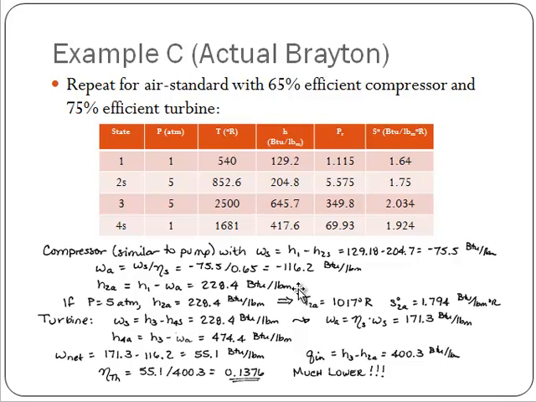Now it isn't necessary to know this, but it's kind of interesting to see, since it's an ideal gas, that 228.4 BTUs per pound mass corresponds to a temperature of about 1,000. So not only do I have different numbers for my enthalpies, but we have a very distinct difference in what's going to happen to my temperatures inside the cycle. This is going to be 1,017 degrees R.